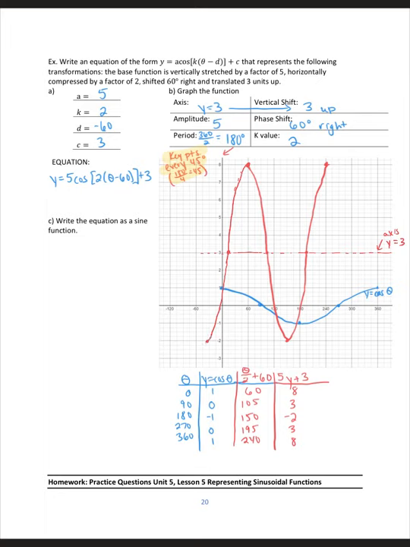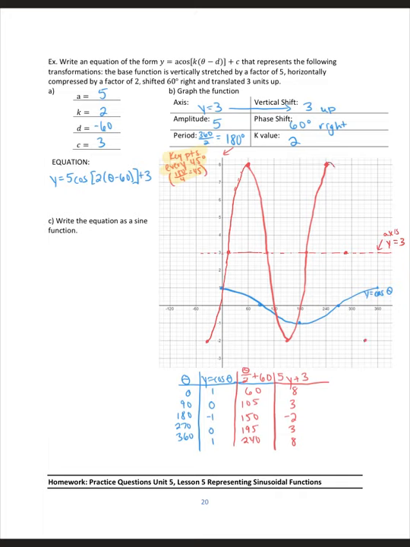So we could extend it even further there. And if we wanted to extend the graph to the right, we could as well. So on my right-hand side, I'm at my maximum again. I'm going to have to come down to my minimum from there. So I'm at 240 right now. So go 45 degrees. That would be 285. So it's 270. 285 would be right there. And then another 45 degrees would be at 330. So at 330, I'm going to go down to my minimum, which is at a -2.